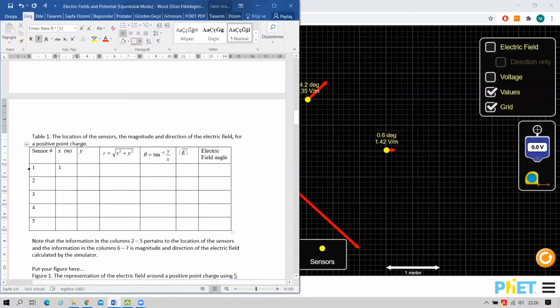This is my first sensor and its X coordinate is just 1 meter away from the source. That's why I put one in the box. And what about Y? Let me put meters for the distance.